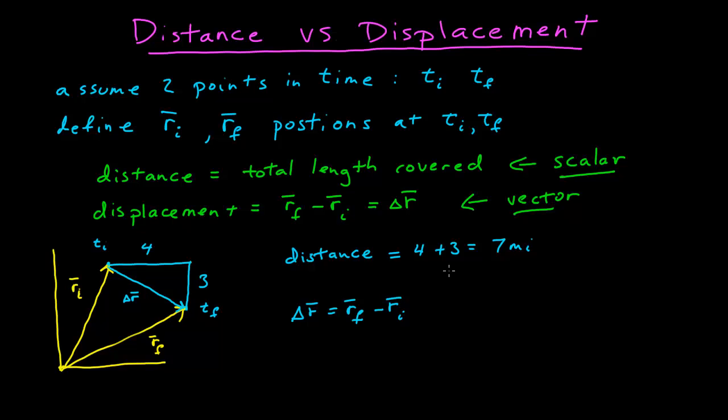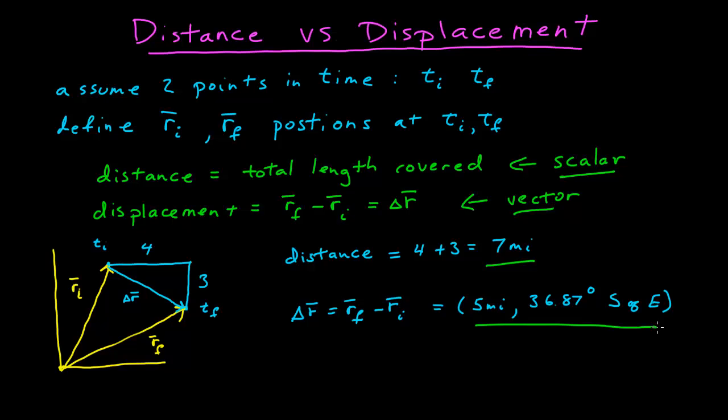And so in this case, if this is 4 miles east and 3 miles south, then the displacement would have a magnitude of 5 miles, and it will point 36.87 degrees south of east. So again, for the distance, we have a scalar, 7 miles, and the displacement now is a vector, 5 miles, pointing at this 37 degrees south of east.